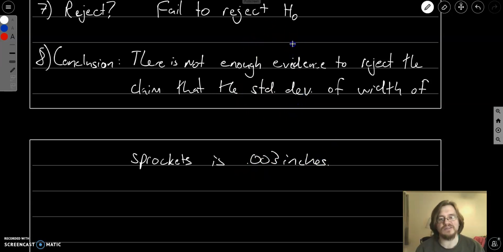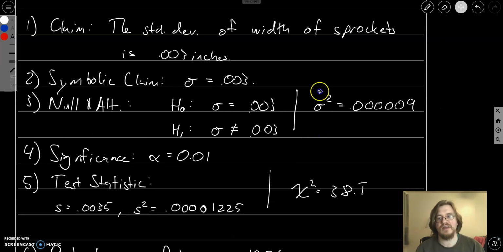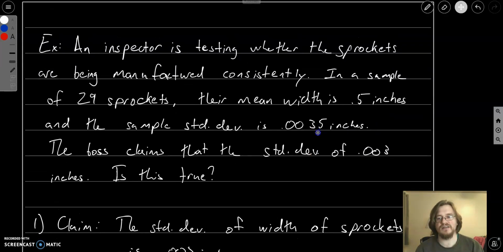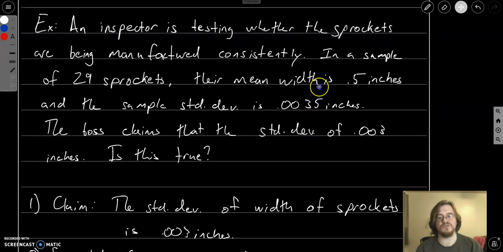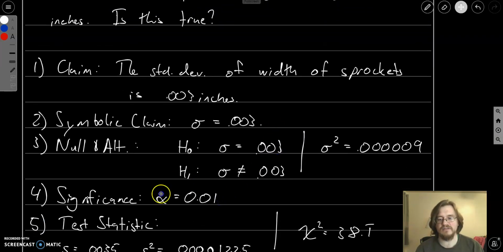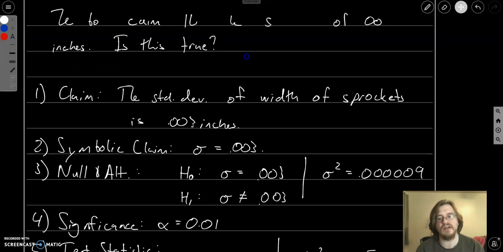So in our sample of 29 sprockets, it seems very reasonable to expect that the standard deviation of all the sprockets is 0.003. If this was very important, that they knew exactly what the standard deviation was, having a small significance level is good because that decreases the probability of getting an error.